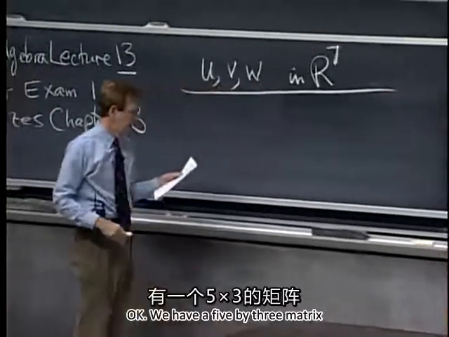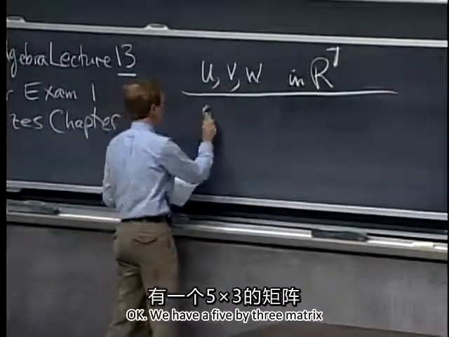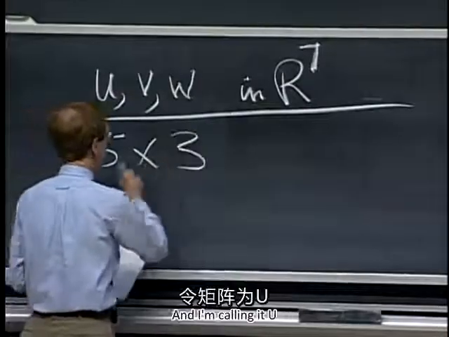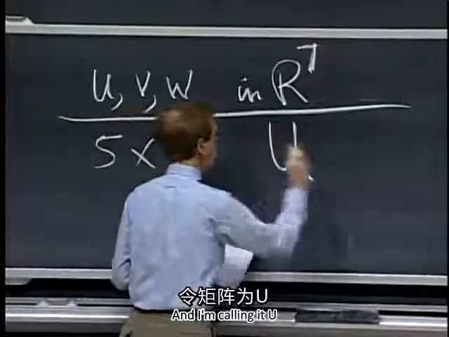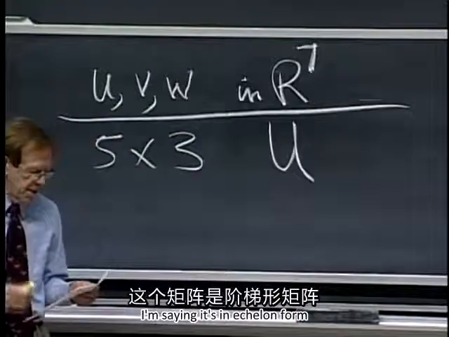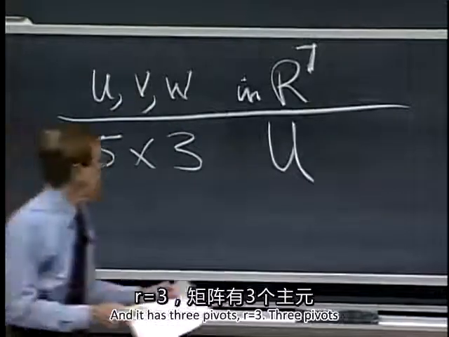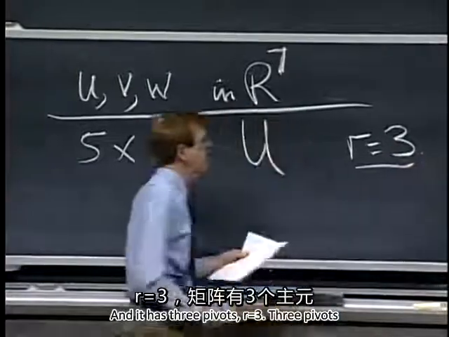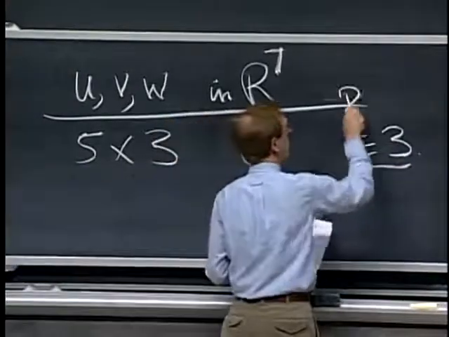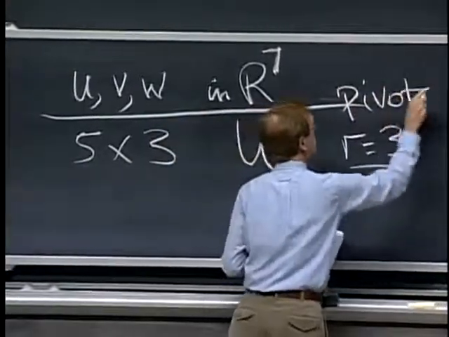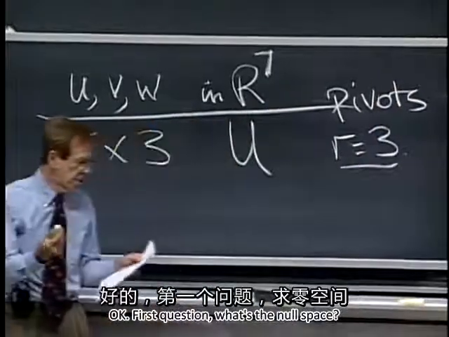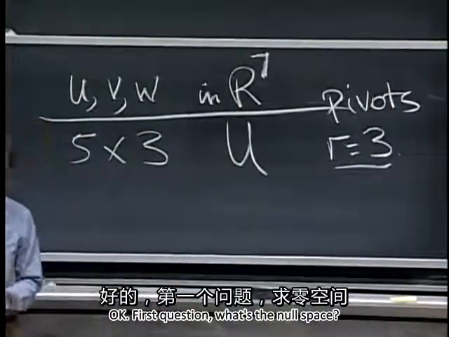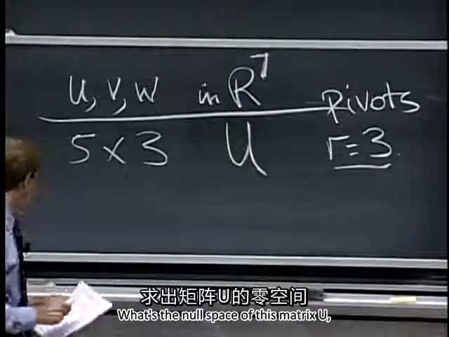Okay. We have a 5 by 3 matrix, and I'm calling it U. I'm saying it's in echelon form, and it has 3 pivots, r equals 3. First question, what's the null space of this matrix U?